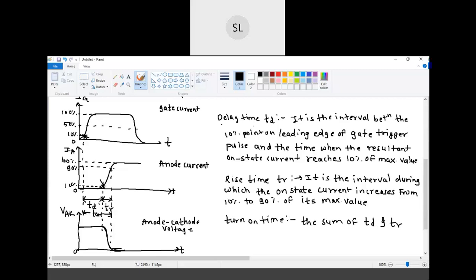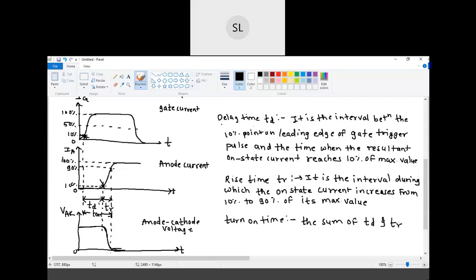Okay, म्हणजे काय डिले टाइम तेव्हा आपण कन्सिडर करतो जेव्हा आपण जस्ट some positive gate voltage आपण आपल्या thyristorला देतोय. Okay, so that sufficient carriers will be injected into the structure and a large amount of on-state current will flow through the device. So before that, the forward bias thyristor, we can call it, the time required is called as the delay time.